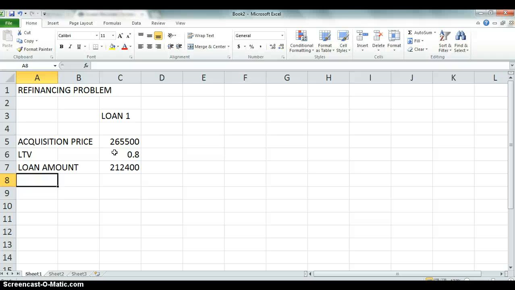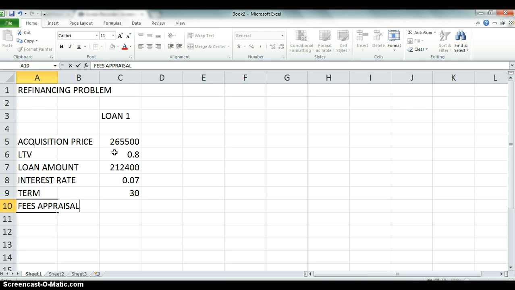Now, the interest rate for this loan is 7%. The term is 30 years. Fees for appraisal were $2,000, and the origination fee is 1% of the loan amount.